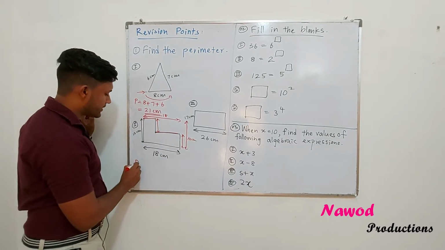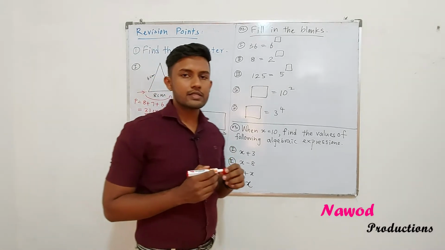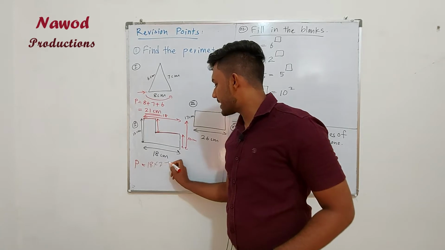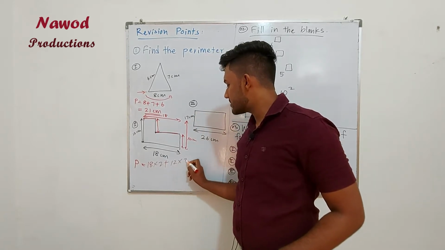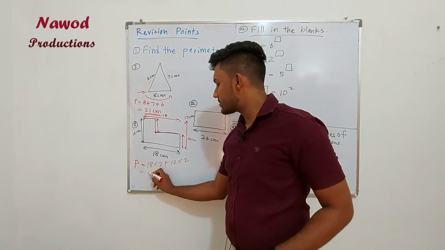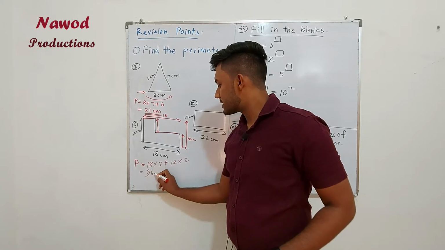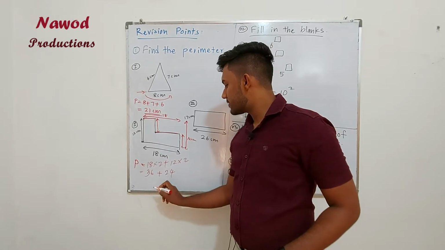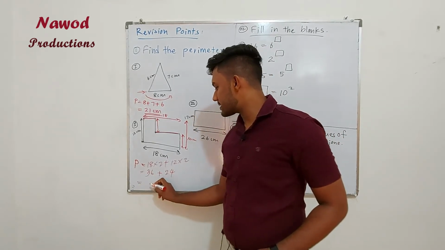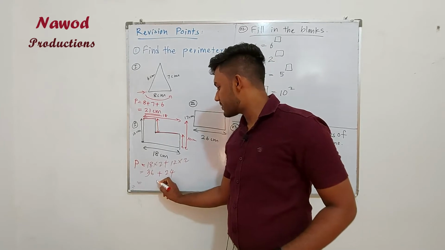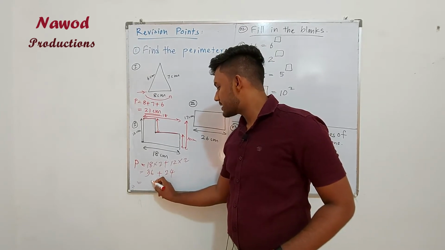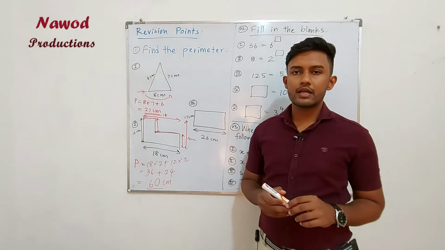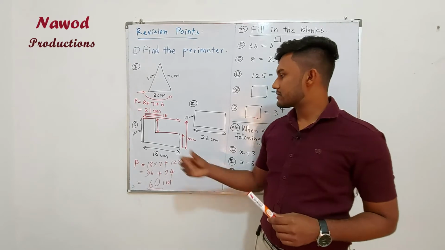Then we can get the perimeter very easily: 18 into 2 plus 12 into 2. 18 into 2 is 36, 12 into 2 is 24. Then we can get the answer: 6 plus 4 is 10, 0 and 1 is remaining. Here 60 centimeters we can obtain as the perimeter of this plane figure.